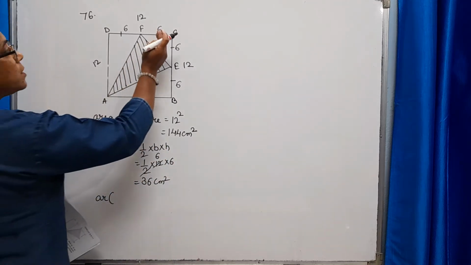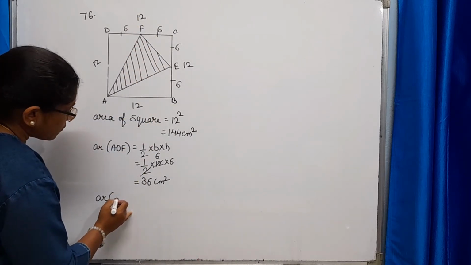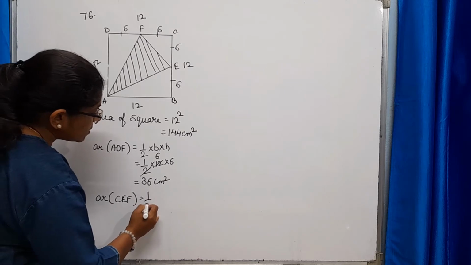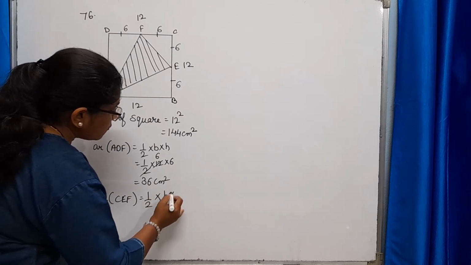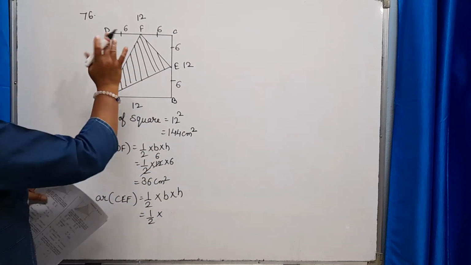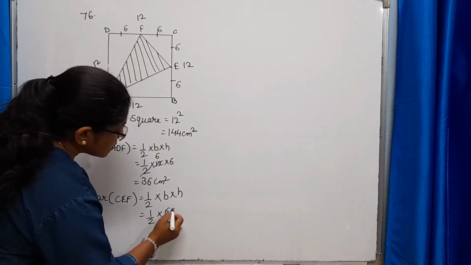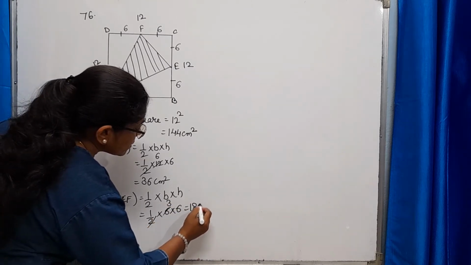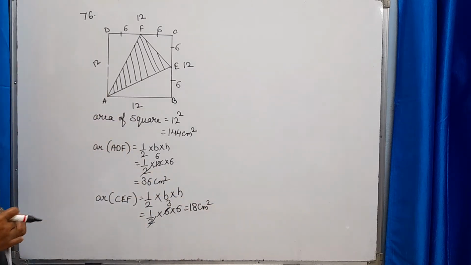Area of triangle CEF is also half into base into height, half into 6 into 6. 6 into 6, 2 3s are 6, that is 18 centimeters square.